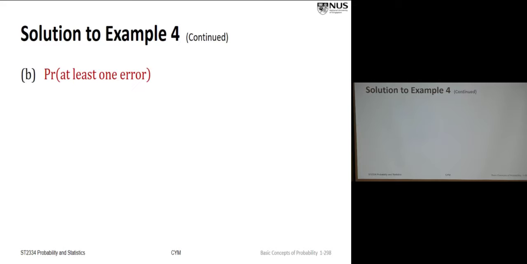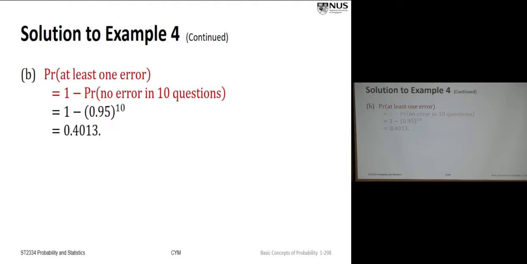Okay, second part, at least one error. All right, now at least one error. So it means that it is the probability of first one wrong, or second one wrong, or third one wrong, up to this. All right.